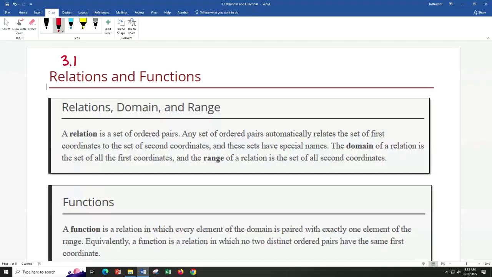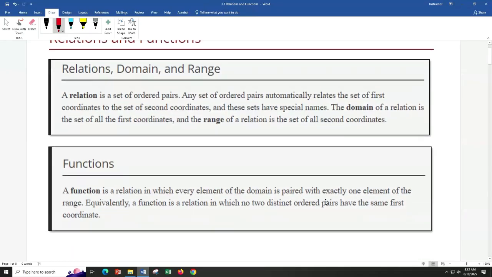So let's go through some definitions once again. Notice this first part: relations, domain, and range. You've done domain and range. A relation is a set of ordered pairs.